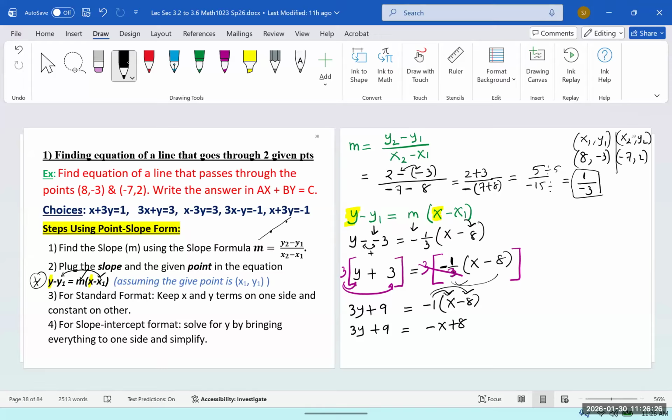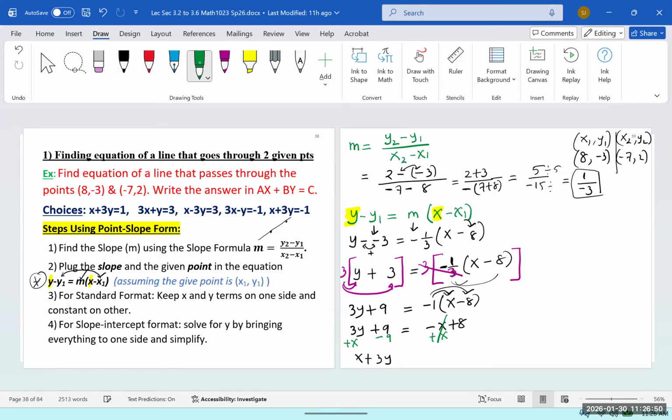Now we want x and y together and the numbers to be together. So we can add x because x is negative, so we are going to make it positive. So x and y goes to one side. We have x plus 3y. That means the 9 on the left side is extra.